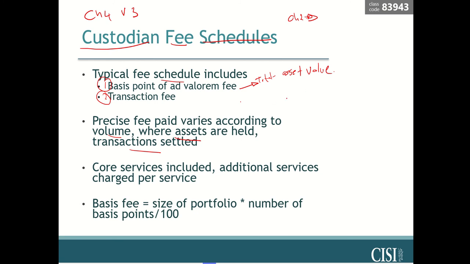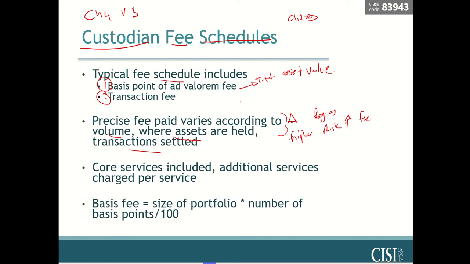Obviously the fee here will change depending on the region it's in. A higher risk country will obviously have a higher fee, which makes sense, correct?